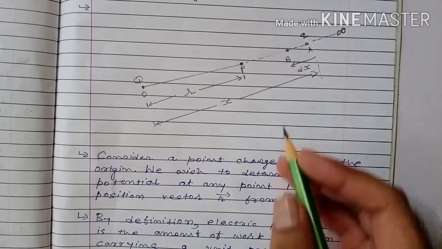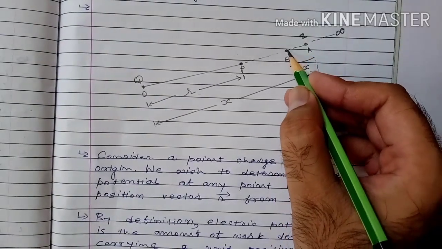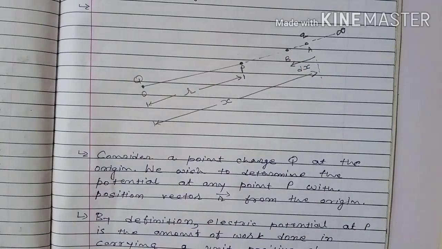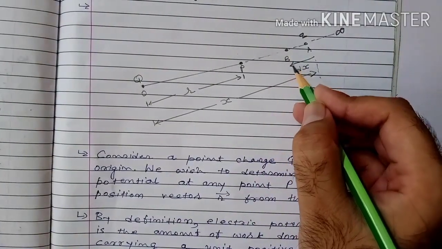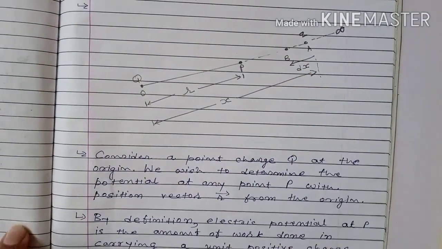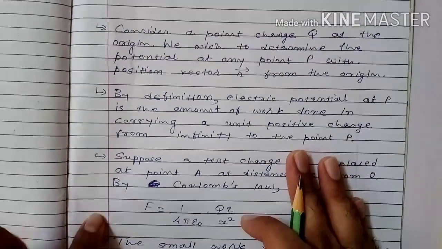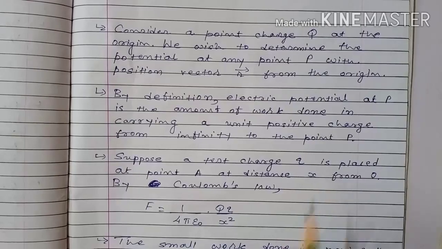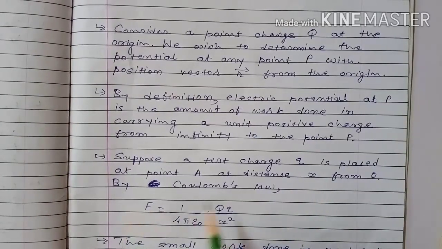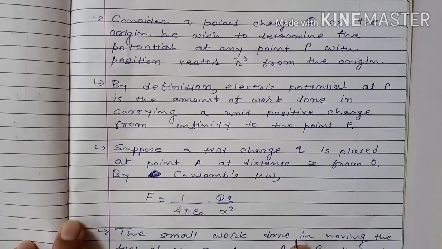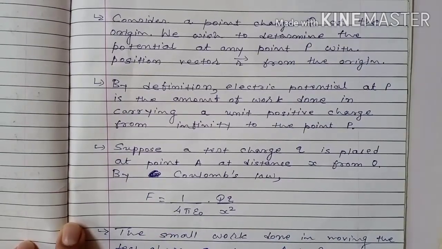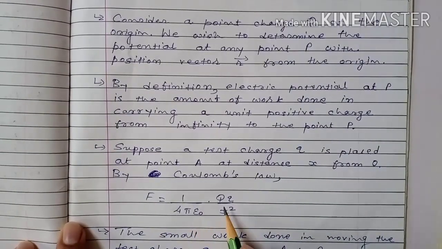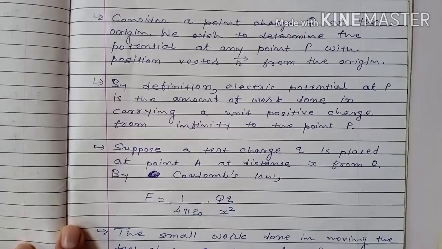Now we will move this test charge from A to B. These two points are very close to each other, and this is the small displacement, that is dx. At point A, at a distance x from the origin, by Coulomb's law we can write the electrostatic force F is equal to 1 upon 4 pi epsilon naught q upon the square of the distance, that is x square.